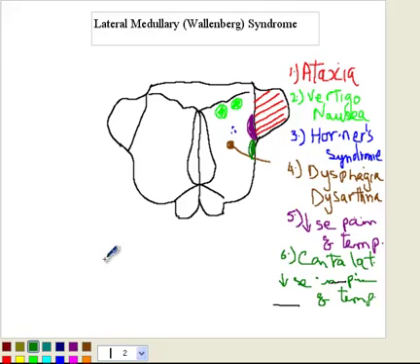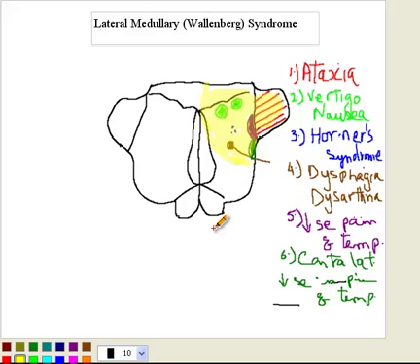So as you can see here, when a patient has a lateral medullary syndrome, this portion of the medulla is involved, the one that is highlighted here, and there are 6 main structures involved. You have the inferior cerebellar peduncle that gives you ataxia. The vestibular nuclei give you the vertigo, nausea, vomiting.